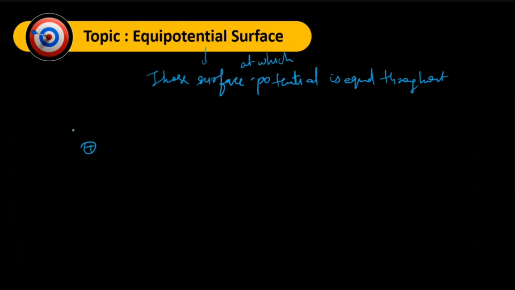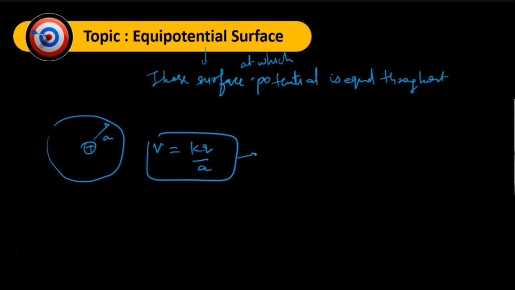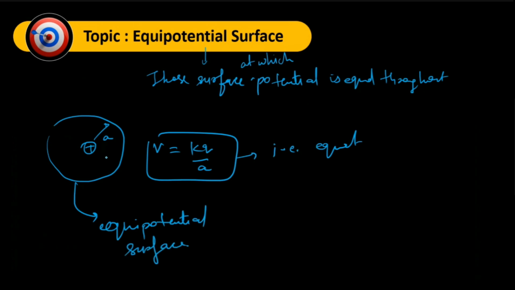Because of this positive charge, I draw a sphere around it, at some distance a away from it. At every point on this sphere, the potential is equal, supposed to be kq by a, because the distance is equal. That surface is called an equipotential surface. So for different configurations, the equipotential surface is different.